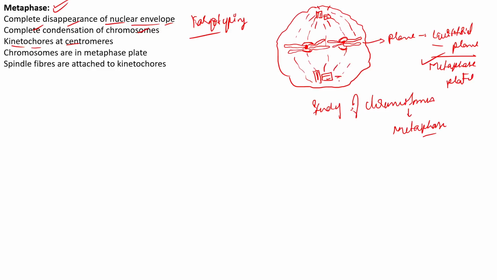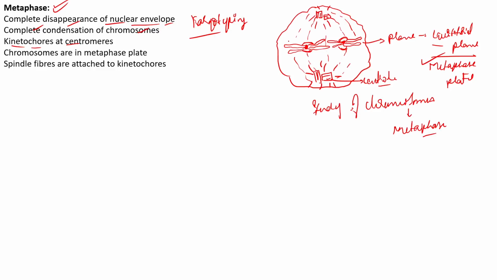The dark lines I have drawn are actually the asters. Now this is the centrosome or centriole. It is mainly the centriole or the centrosome. And now the spindle fibers have attached to the kinetochore.